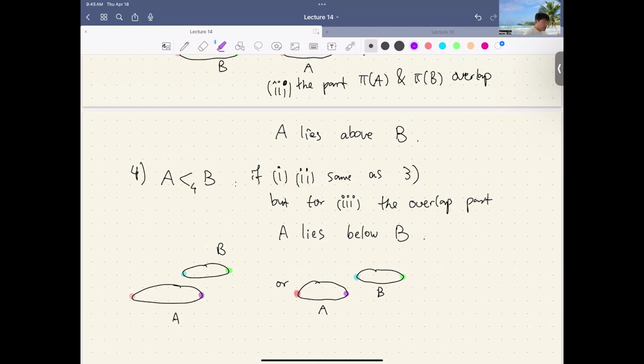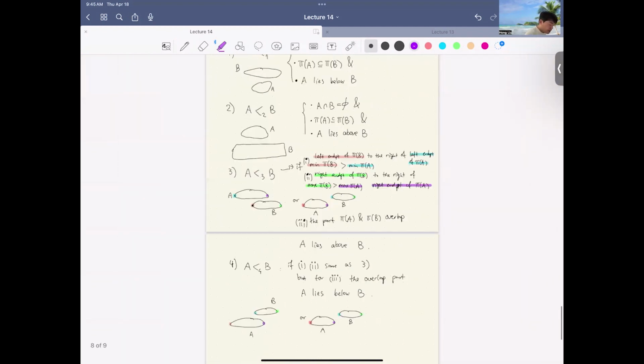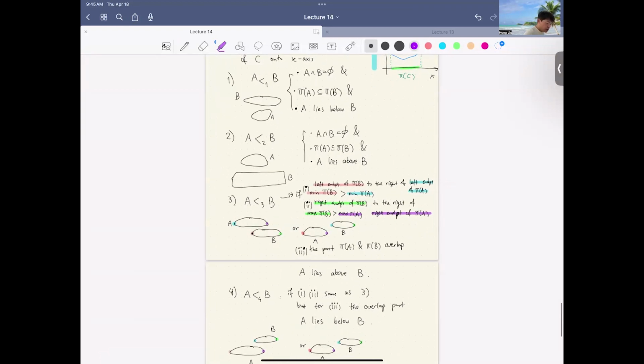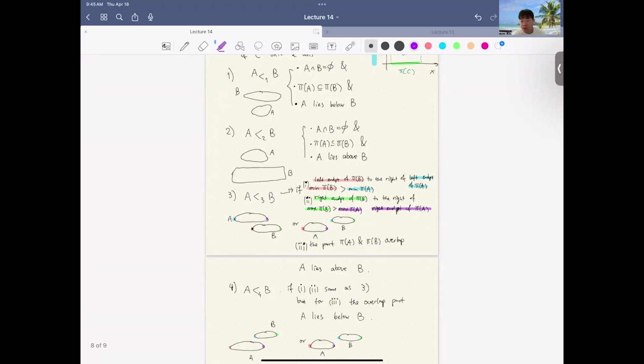There is some easy thing to check. I will leave it for you to check that if two planar convex sets are disjoint, then they must satisfy one of these four relations. Their intersection pattern must follow one of these four. That's the first thing.